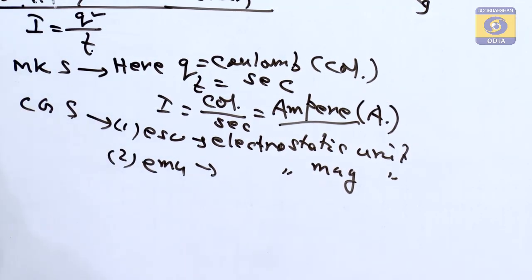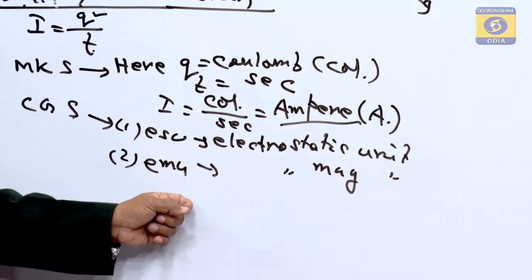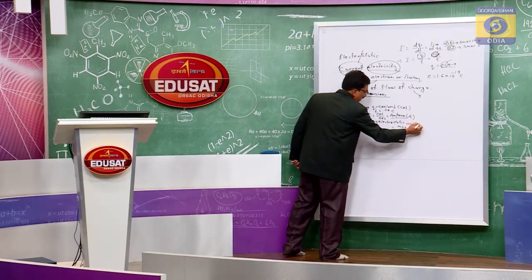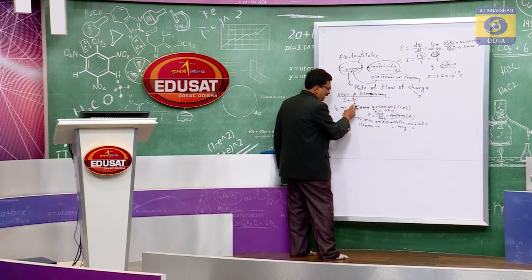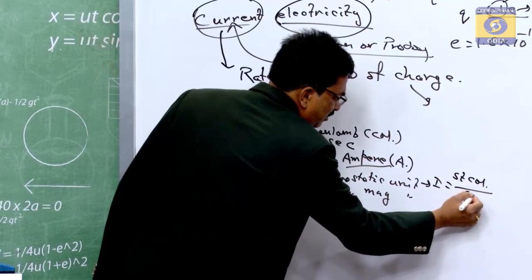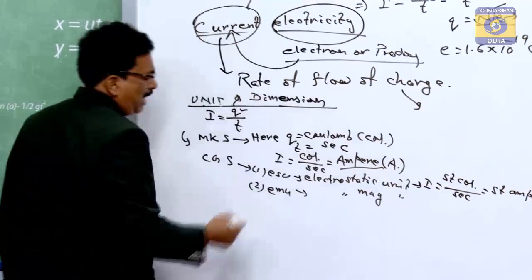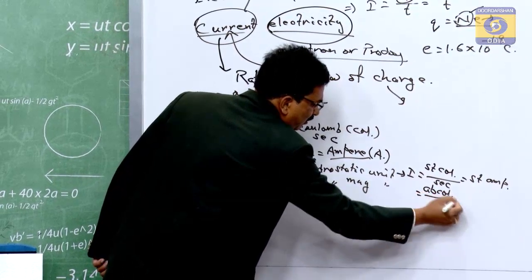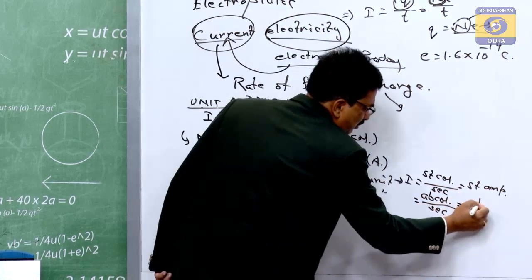When the magnetic field is created, the respective unit of the CGS is called the EMU, electromagnetic unit. So, according to the ESU, the current I is equal to charge by time. Here the charge will be the stat coulomb, and the time is the second, which equals the stat ampere. And for the magnetic one, the charge is 1 half coulomb, as you know from the previous chapter, so 1 half coulomb by second equals half ampere.